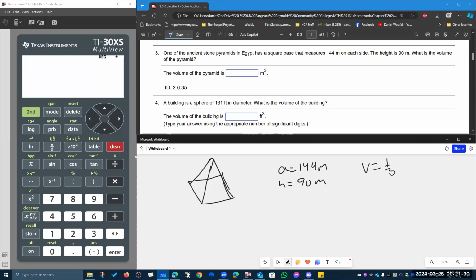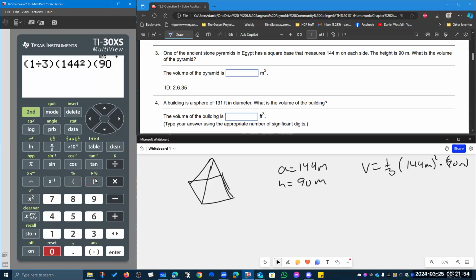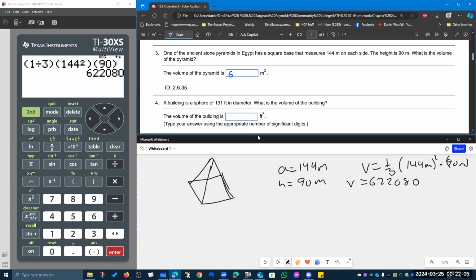It's 1/3 times the area of the base times the height. So that's going to be 622080. We're not told to round at all, so we won't.